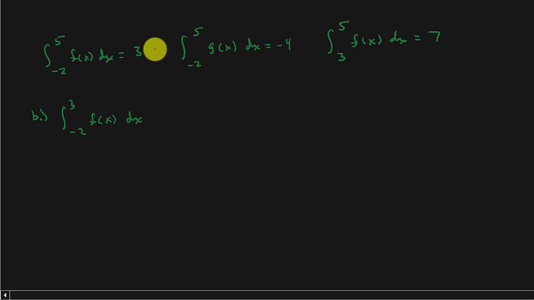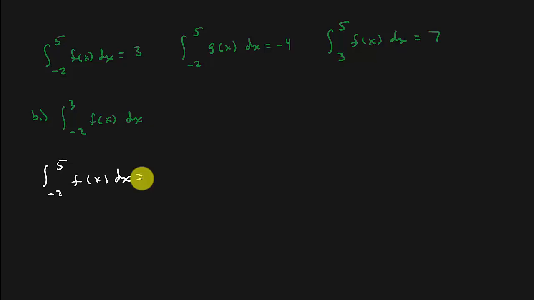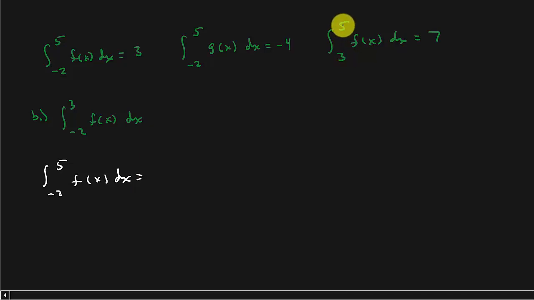But what I could do is I could write this: negative 2 to 5 of f of x dx is equal to what? Well, let's look at this. I've got a 3 to 5. I know what that is. So what I could do is write negative 2 to 3 of f of x dx plus 3 to 5 of f of x dx.